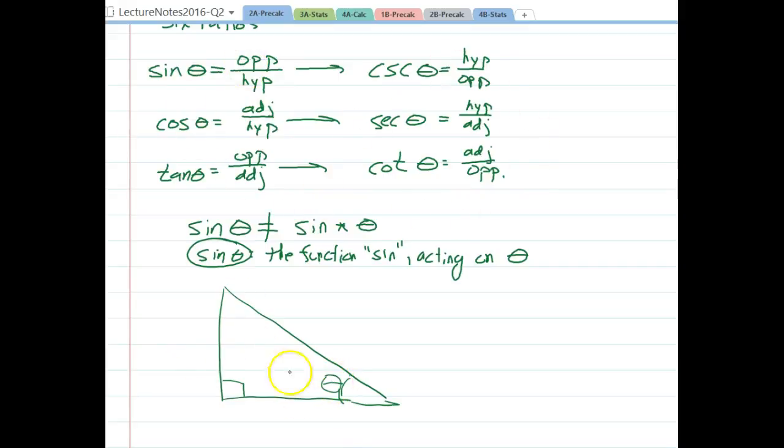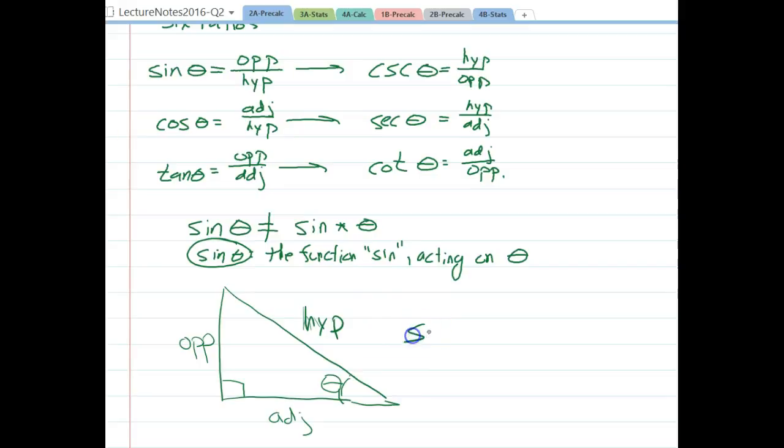But if this is theta right here, then this is going to be what we call the opposite side. It's the side that's directly across from the unknown angle. This is the side that's right next to that, so we call that the adjacent side. And this is the hypotenuse. So there is the hypotenuse.